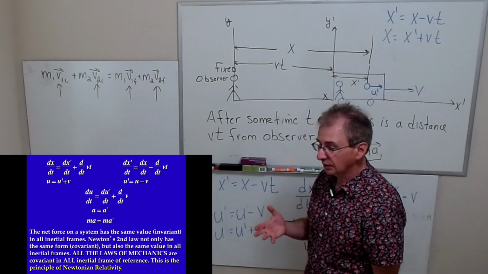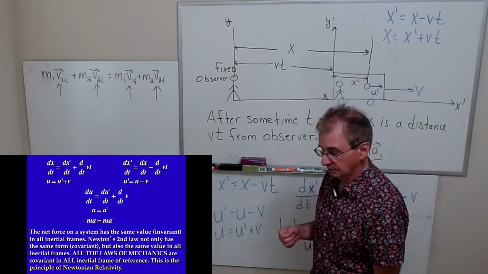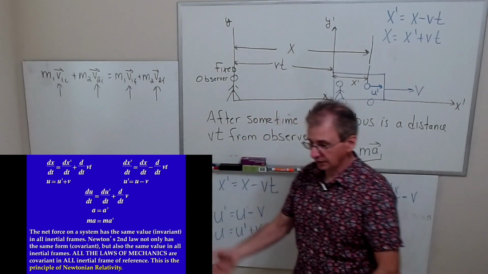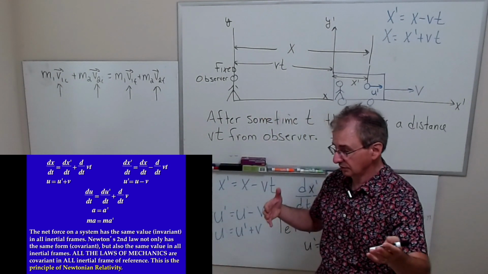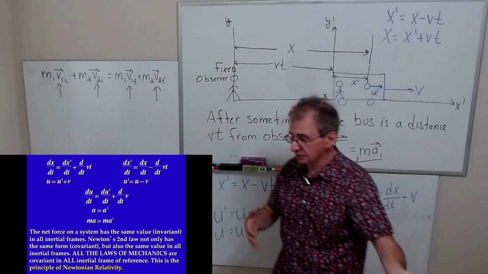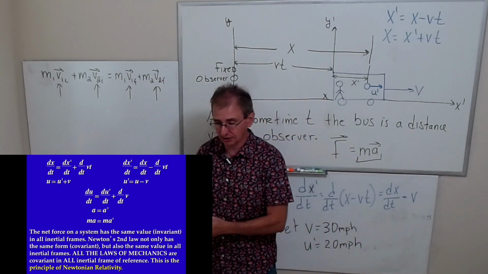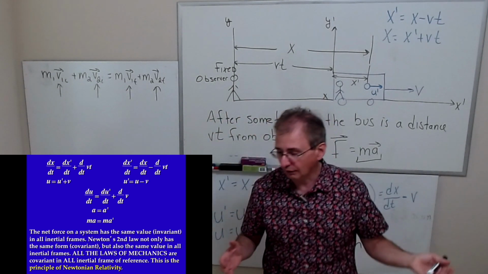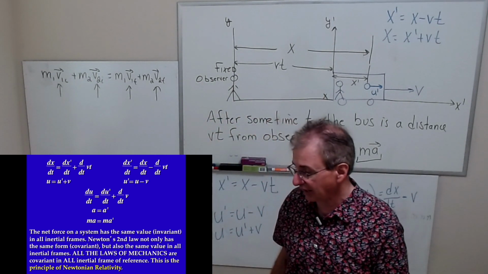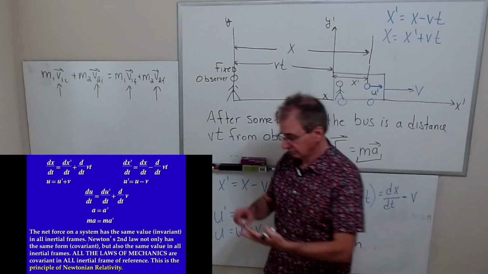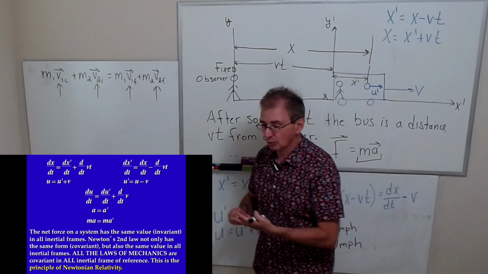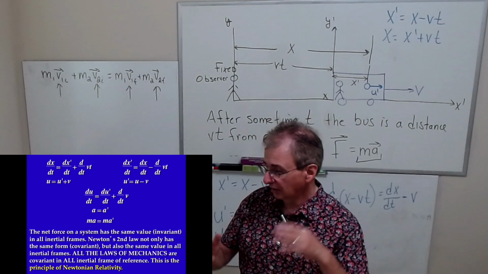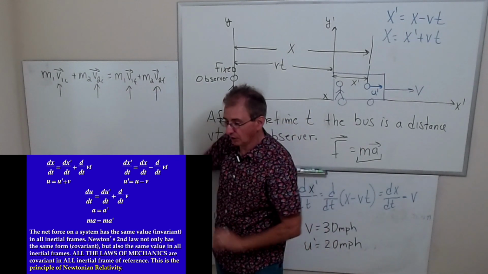Same thing with conservation of energy. Kinetic energy, its value is different in different reference frames. But the fact that the total initial energy equals the total final energy is true regardless of what reference frame you're in. And so we say that conservation of energy, conservation of momentum, they're covariant. They have the same form in any reference frame. Their values will be different, but so what?